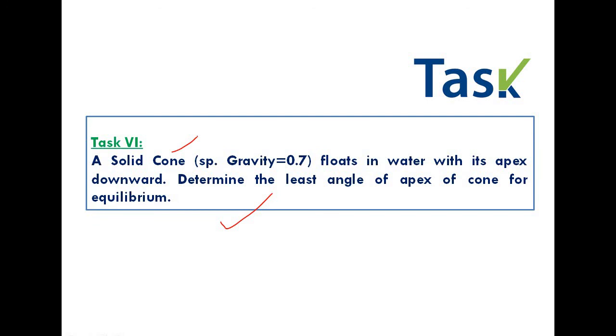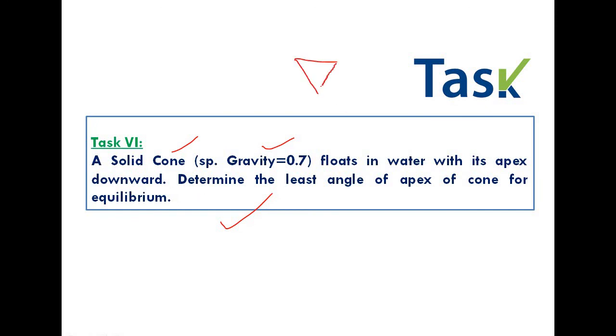So you can find the volume appropriately, and also you need to find the position of the center of gravity, because for a triangle shape, the center of gravity is 1/3 of the height from the base of the cone, or 2/3 of the height from the apex. That you should know, and you should know the equation for the moment of inertia Ig of the solid cone. A solid cone floats in water with its apex downward.